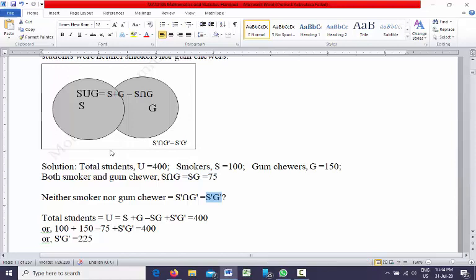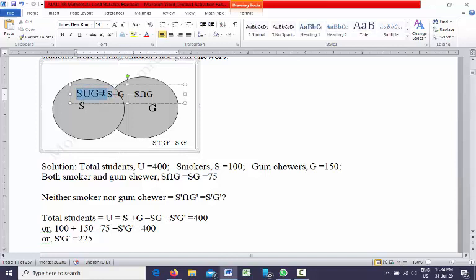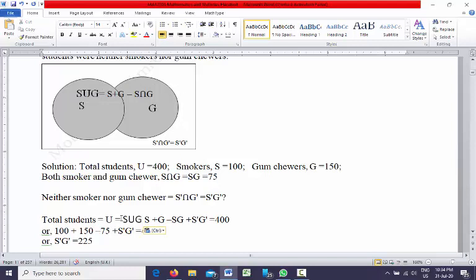Now total students will fall in this rectangular box. So total student is 400. Total students means S union G, the shaded portion, plus S prime G prime.